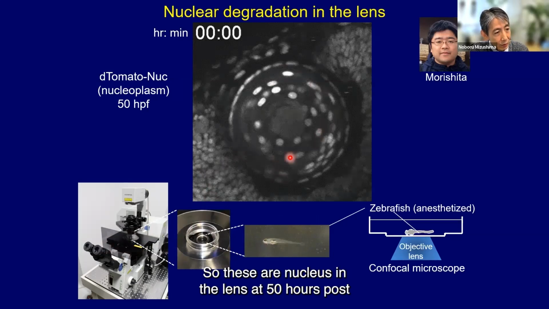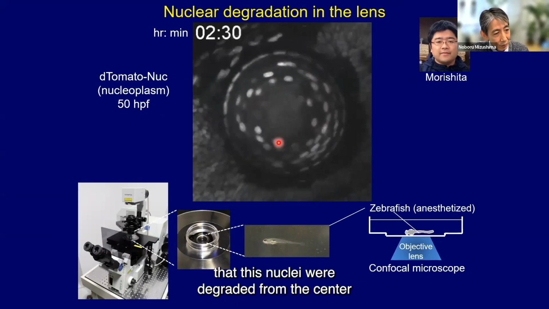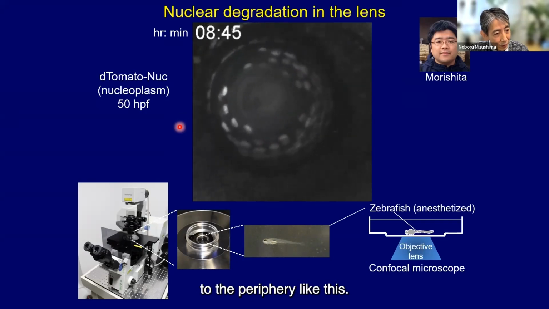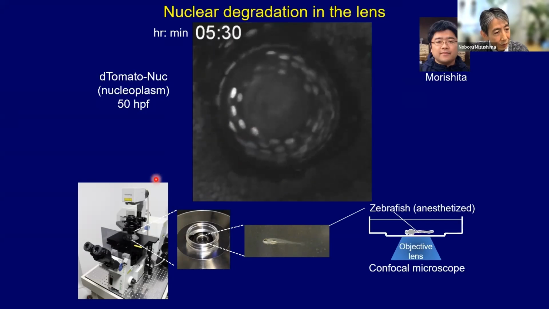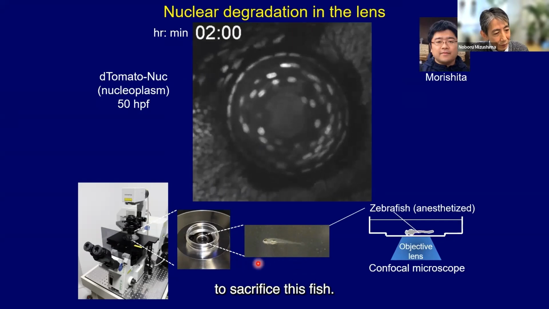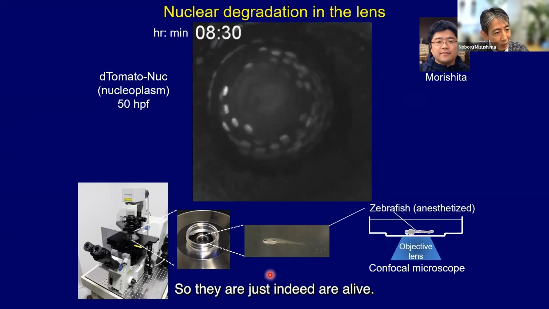These are nuclei in the lens at 50 hours post-fertilization. You can see that these nuclei were degraded from the center to the periphery like this. We don't have to sacrifice these fish, so they are indeed alive.